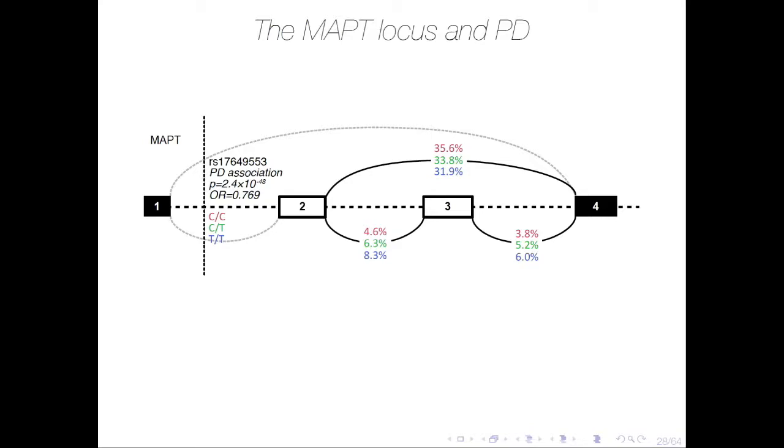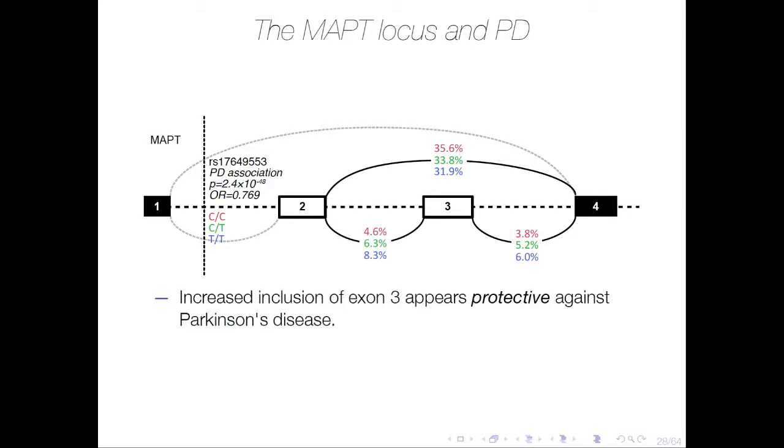What we find is that the genotype here is correlated with the inclusion level of exon 3, and also extremely strongly correlated with Parkinson's disease risk. Something that's really cool about this is it lets you make a statement about the direction of effect as well. So we can conclude from this finding that inclusion of exon 3 in the gene appears to be protective against Parkinson's disease.